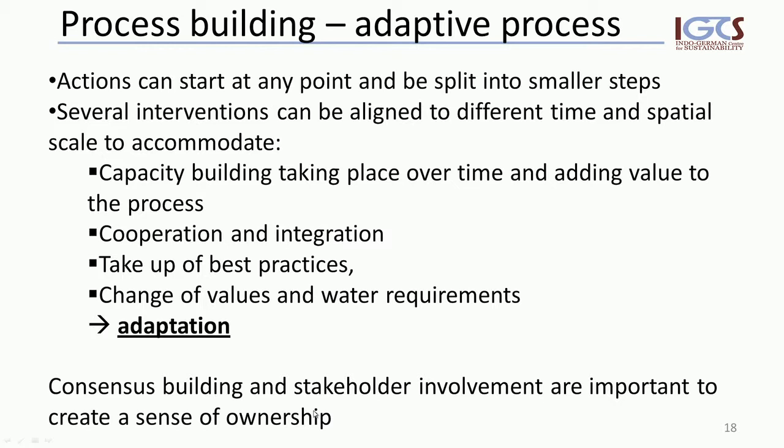That sense of ownership is not with regard to the water resources as such or to the river basin as a geographical region. In this context, it is the sense of ownership towards implementing sustainability principles in this specific river basin.